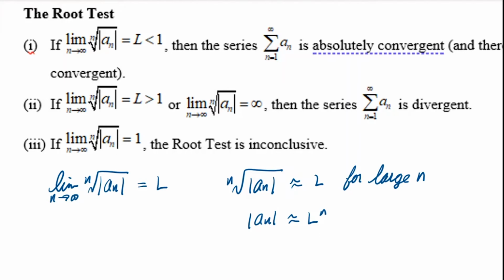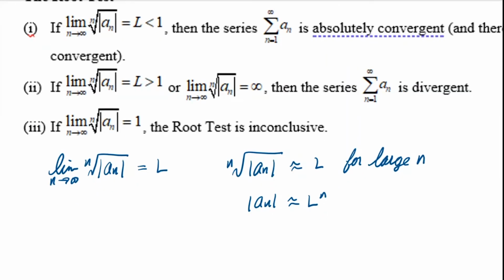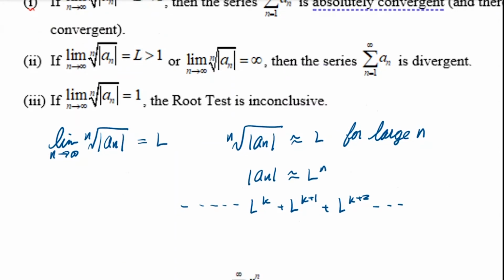Oh, this is even better. This looks like the explicit formula for a geometric series now, doesn't it? So after so many thousands of terms, eventually it's going to look like this. And the next one will look like this. And the next one will look like this. That still mimics a geometric series now, doesn't it? So this thing is absolutely convergent if and only if L is strictly less than 1.